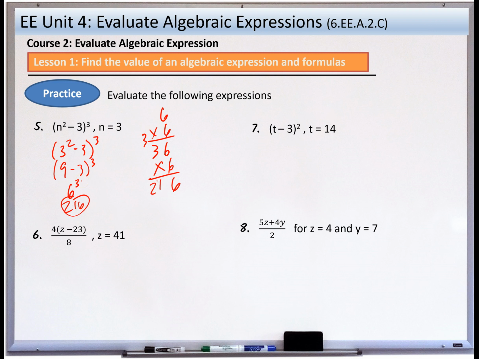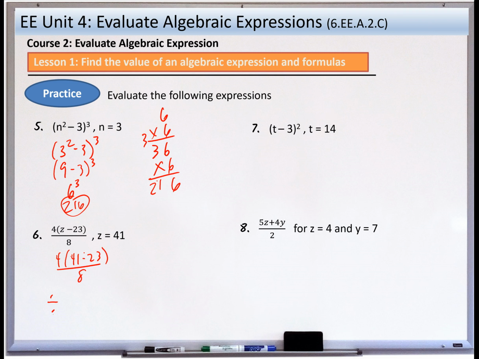Okay. I believe I told you a while ago this is division. We're not going to represent division with the normal division sign anymore. So this is 4 times (z minus 23), and I take that whole thing divided by 8, and we have z equals 41. So we're going to rewrite this by substituting first. 41 minus 23 divided by 8.